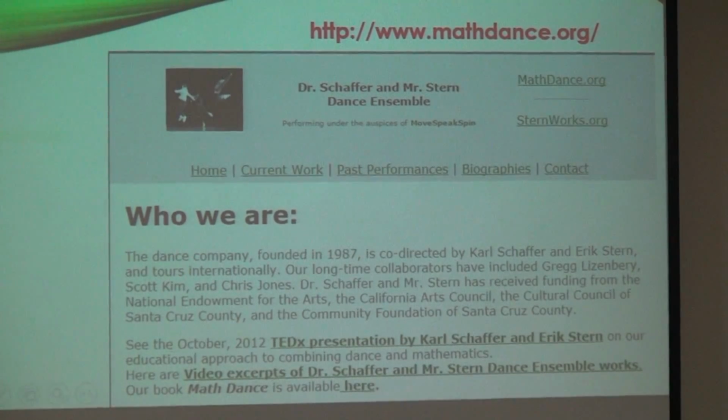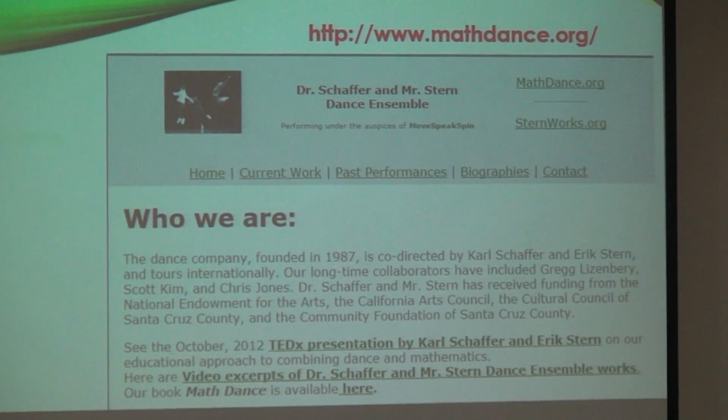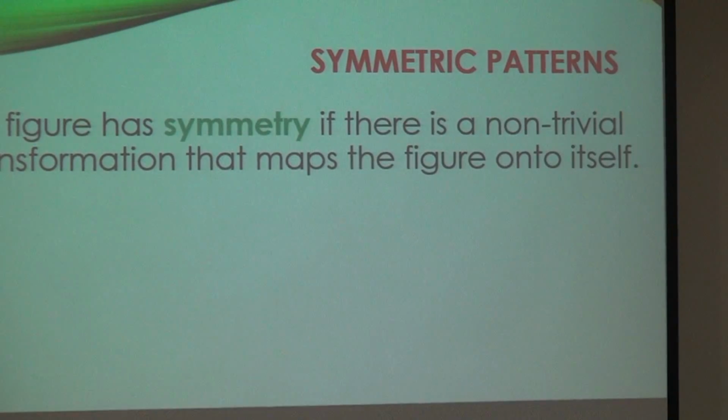Okay. So now that we have the basic concept about translations, we are ready to talk about symmetric patterns. So by symmetric patterns, what do we mean by that? In the earlier talk, they mentioned beauty.